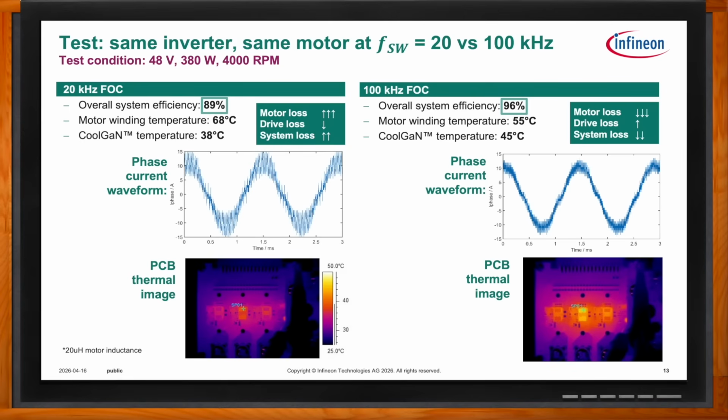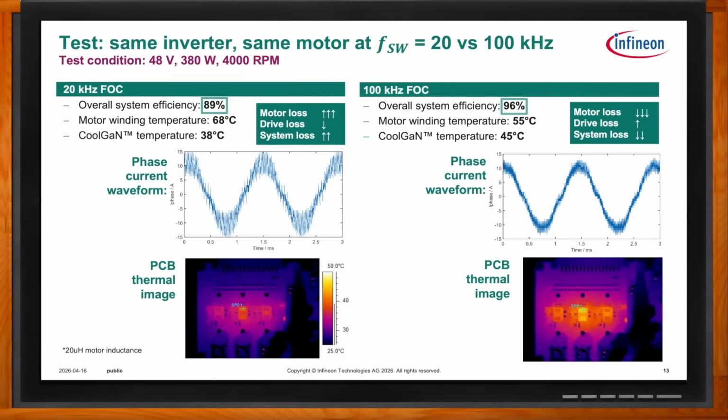Let's look at motor winding temperature. On the left, we're at 68, and on the right, it drops to 55. Now, that doesn't tell you much because you don't know how much loss are we talking about here. And in this case, with the motor spinning, you get windage, you get cooling because of the airflow through the motor. It's hard to tell what's really happening here other than the temperature went down at 100 kilohertz, okay?